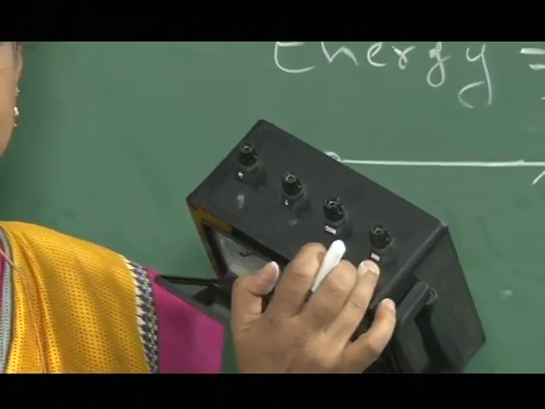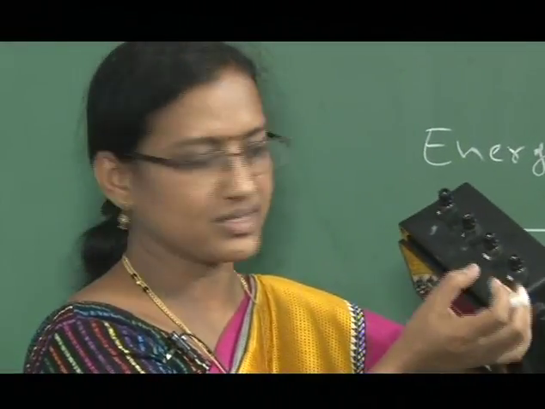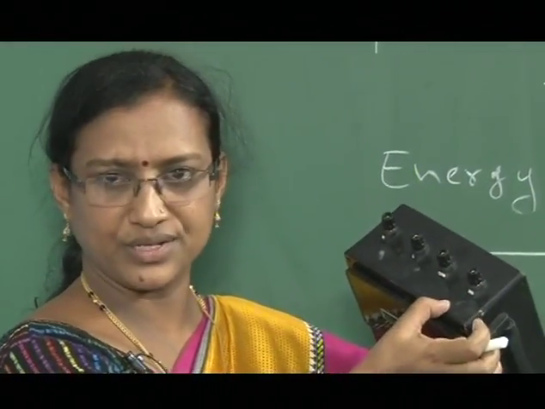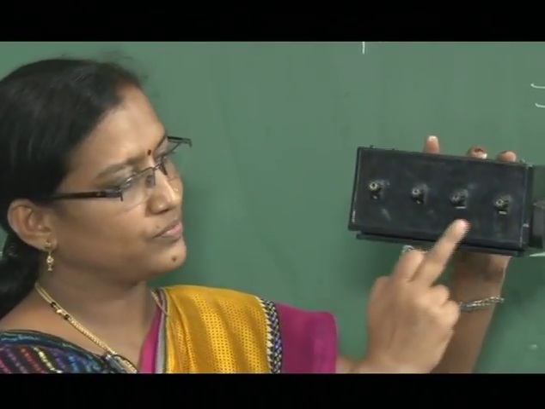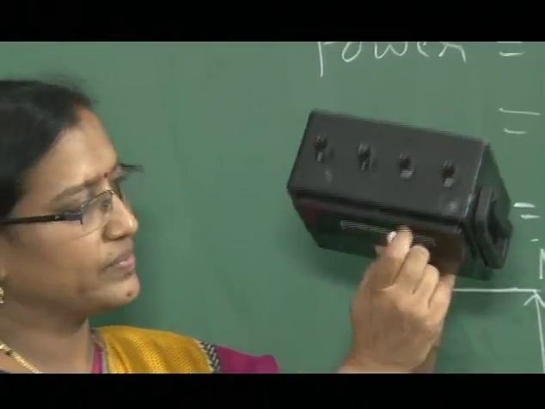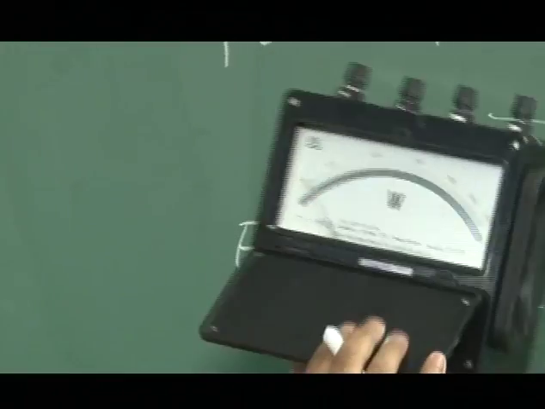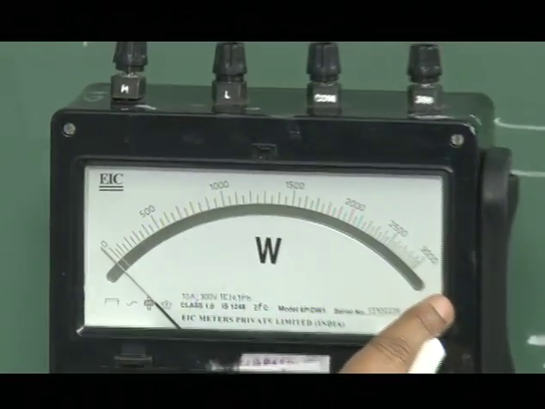This V may be variable if you are using the same wattmeter for different voltage ratings. So you can use different voltage connections here for different voltage ratings. The scale of the wattmeter is uniform.